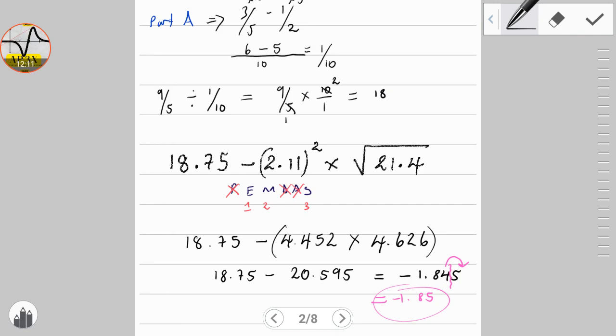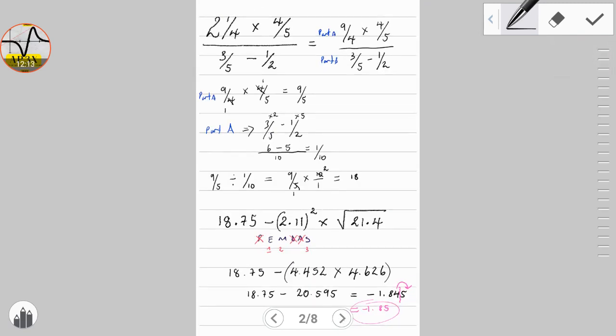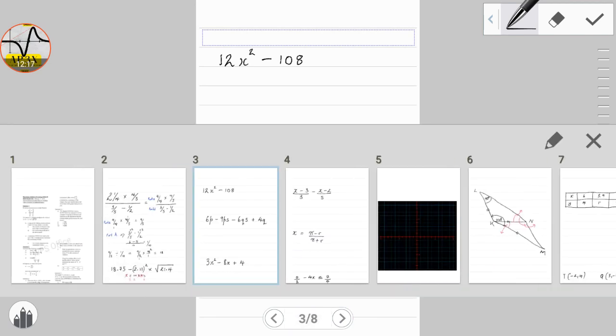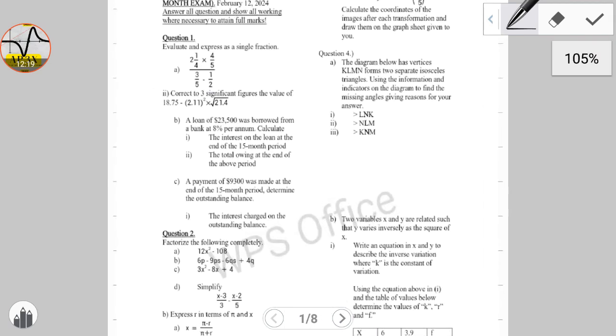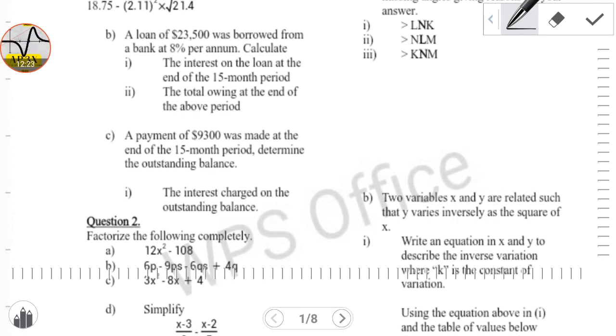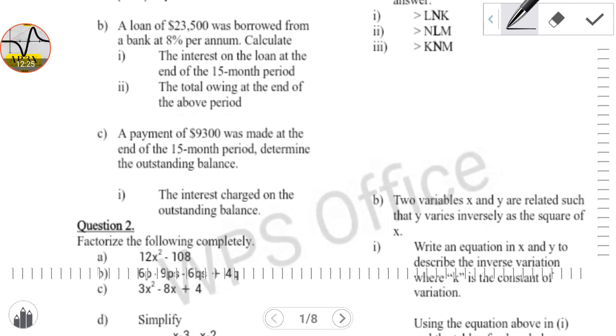All right, then we're going to be moving on to the next question. So the next part of this here, we're going to be doing a worded problem. In this question, a loan of $23,500 was borrowed from a bank at 8% per annum.